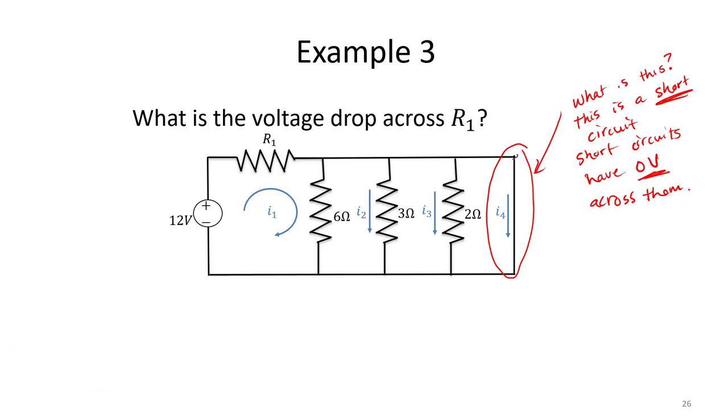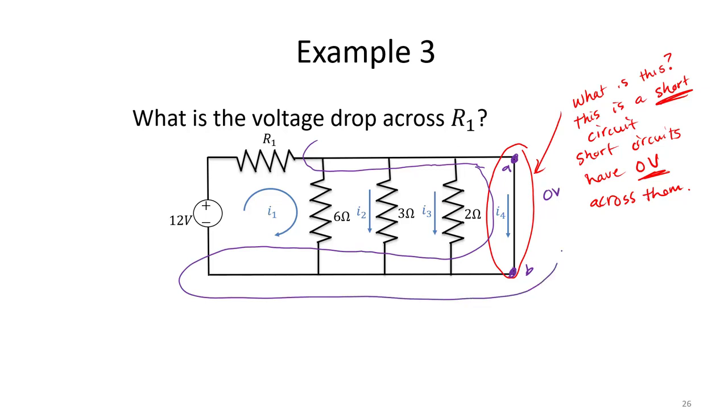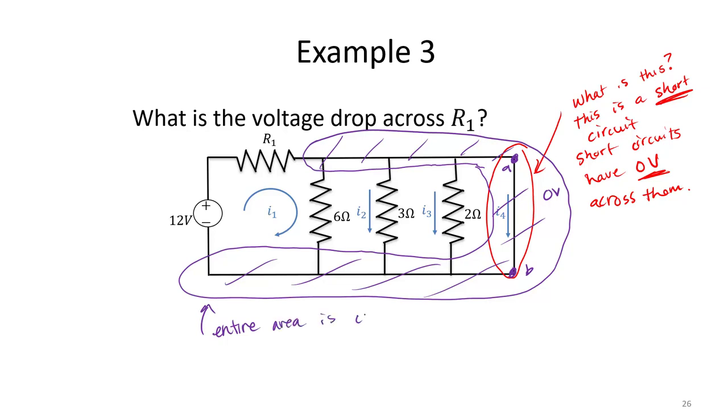That means there is 0 volts from point A to point B. That also means, if there's 0 volts, this entire area is connected. Right? Because if there's 0 volts, it's as if this whole thing was connected by a resistanceless wire.